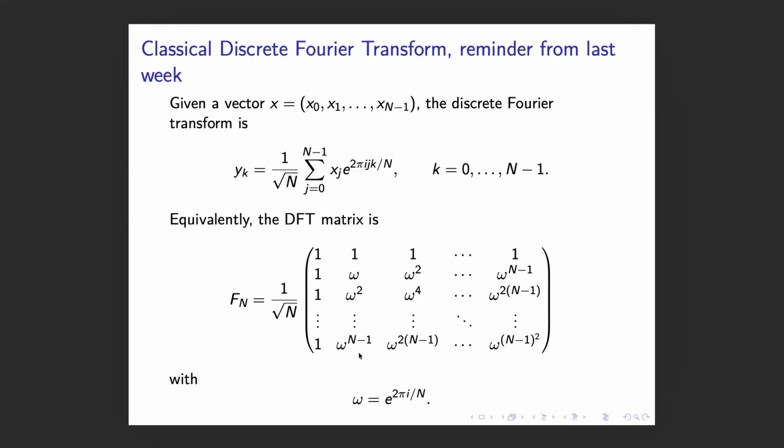That means you're doing matrix-vector multiplications with complex numbers, so there will be multiplications and also additions. These are the typical floating point operations you end up with. So that's the discrete Fourier transform.